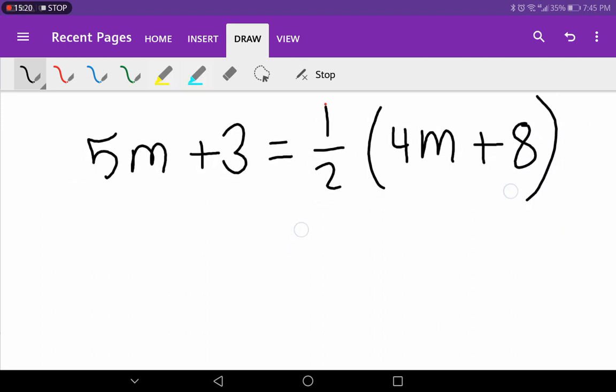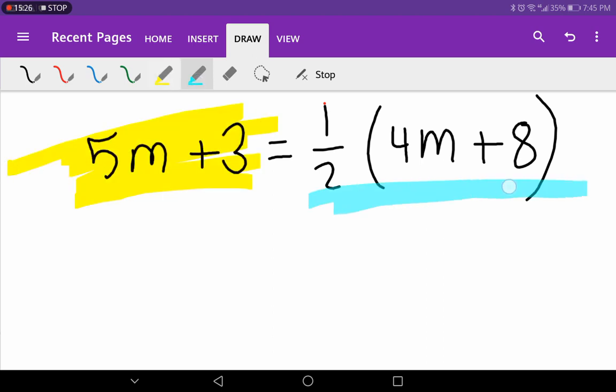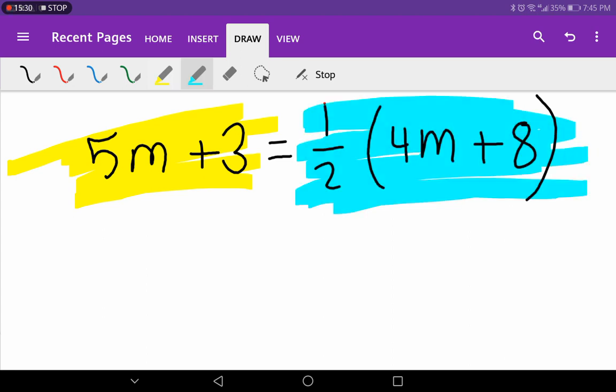How can we deal with this? Yes, I know you will say the left side and the right side. We know this. What is next? Yes, great. Breaking parentheses in the right side, in the blue side. So, how do we break the parentheses?